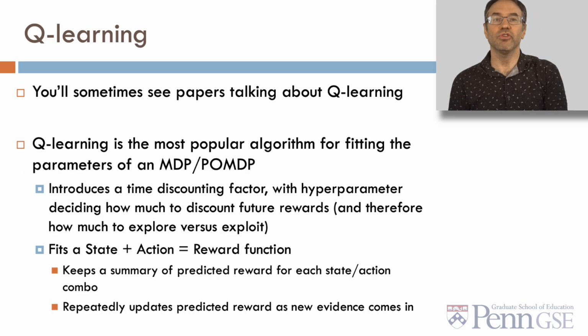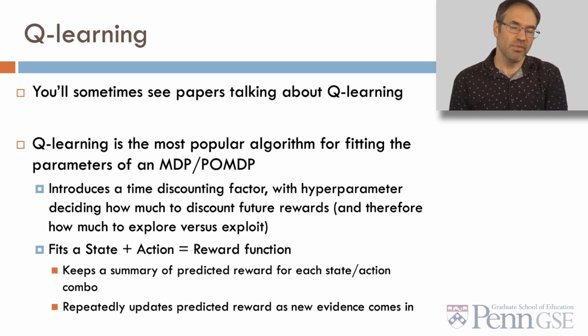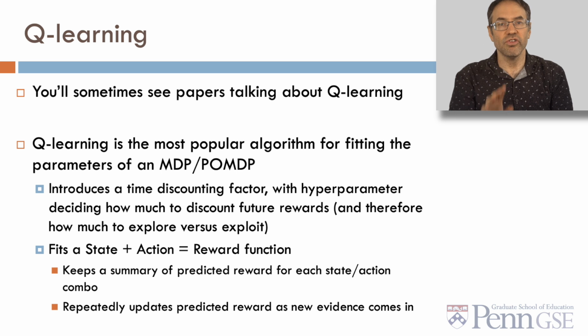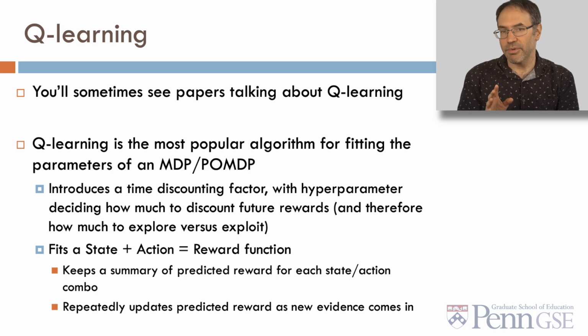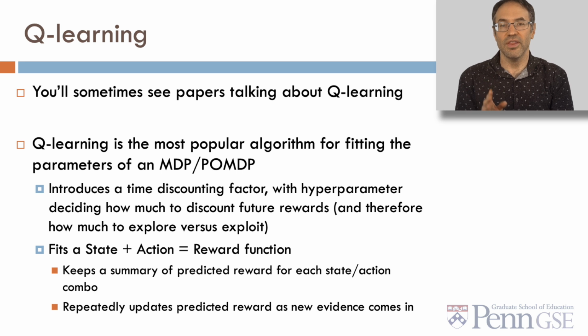Now, sometimes you'll see papers that just talk about Q-learning. Q-learning is the most popular algorithm for fitting the parameters of an MDP or a POMDP. It introduces a time discounting factor with a hyperparameter indicating how much to discount future rewards, and therefore how much to explore versus exploit.